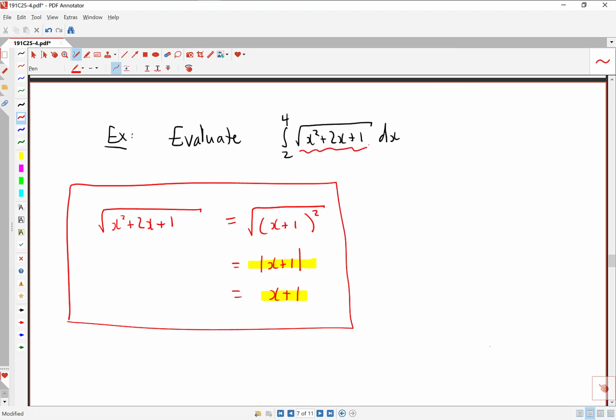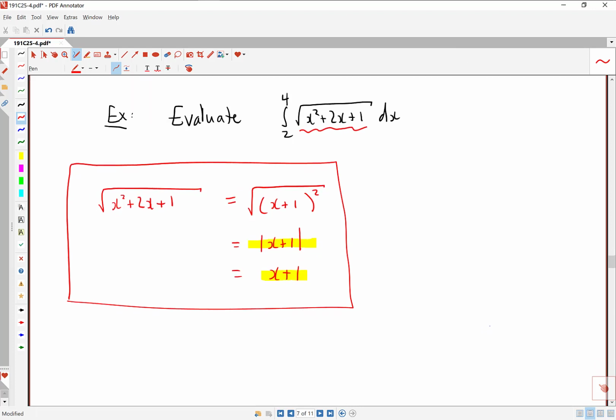We're going to fix this up, and then we will be able to do our integration with no problem. So we're integrating from 2 to 4. We've just decided, based on this discussion in the box here, that our integrand can be rewritten just as x plus 1. Put brackets around that, so we'll have x plus 1 dx that's being integrated.